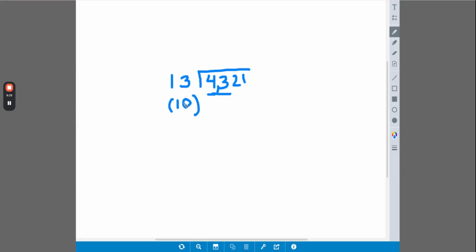Well, 4 times 10 is 40. So that's pretty close. But remember, this is 3 more groups. So I think that would end up being too much. I think 4 times 13 is going to be more than 43. So that tells me I want a number just less than 4, like 3.